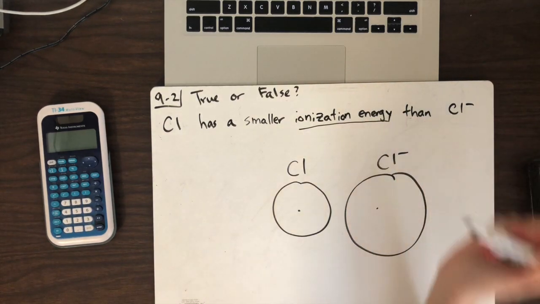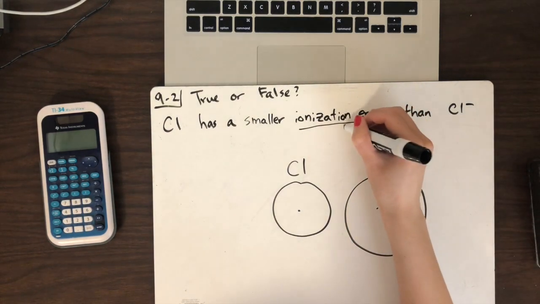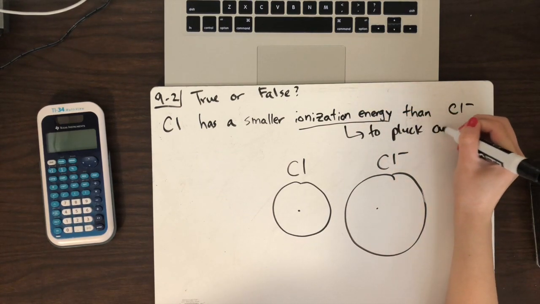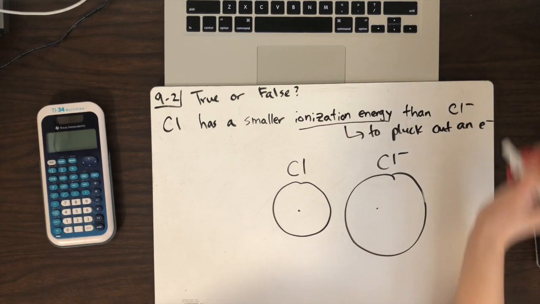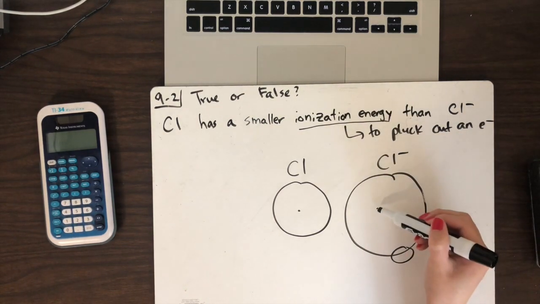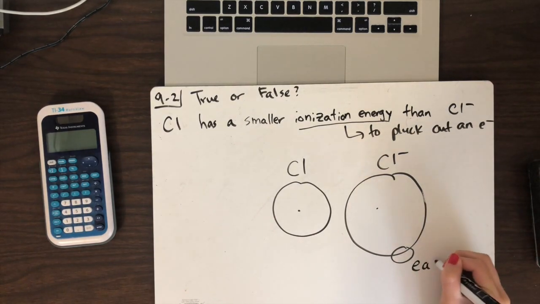Ionization energy refers to the energy to pluck out an electron. So it's going to be easier to pluck it out of something big, where it's further from the positive nucleus.